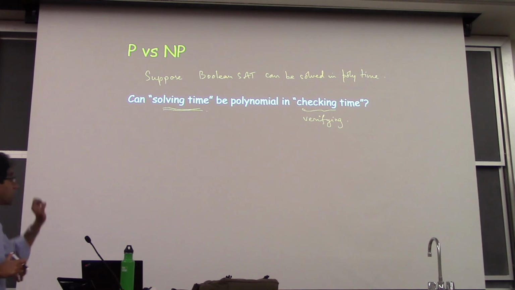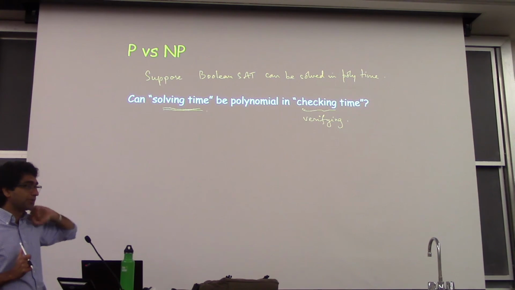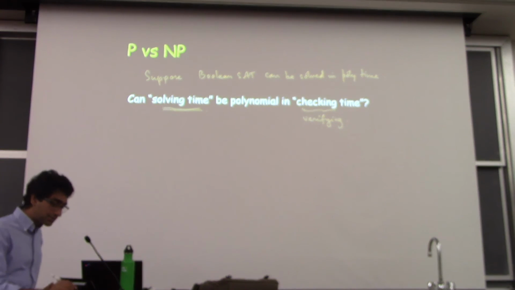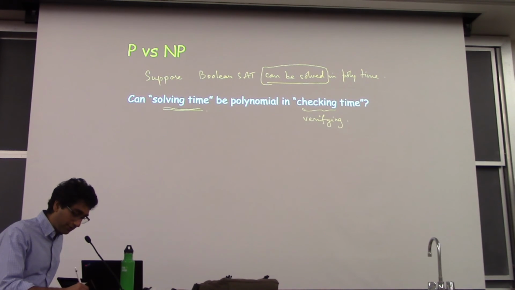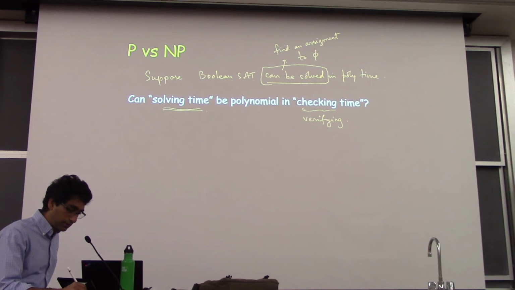If Boolean SAT can be solved in polynomial time, that means you can find a satisfying assignment. What does it mean that Boolean SAT can be solved? You can find an assignment x1 through xn to phi such that phi of x1 through xn is true.